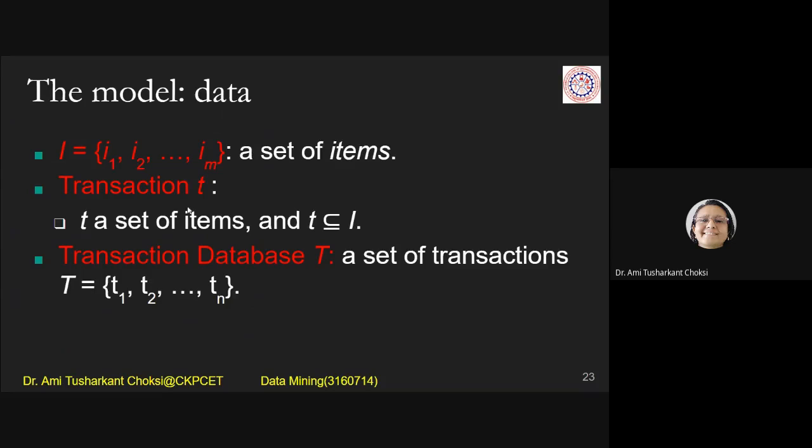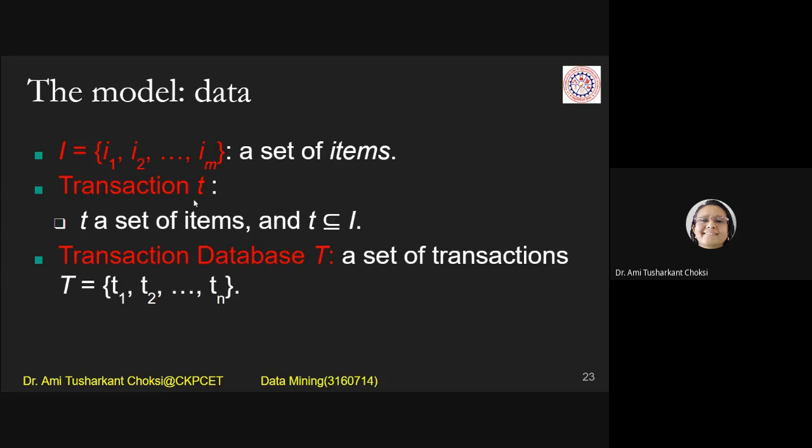Fine. So I is equal to I1, I2 up to IM, a set of items. A transaction T is a set of items. This is the total set of items. Say we are considering only 5 items: bread, butter, kurkure, wafer and biscuit. So these are the 5 items which we want to consider, that is the item set.